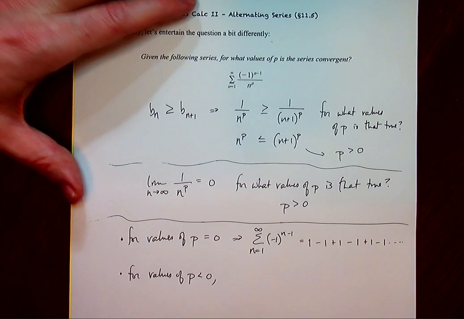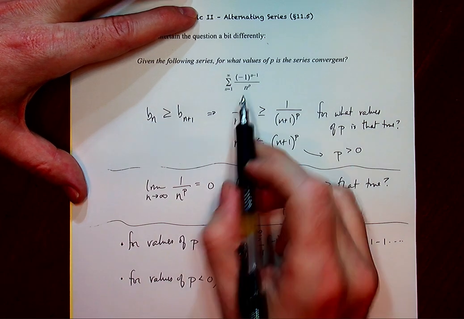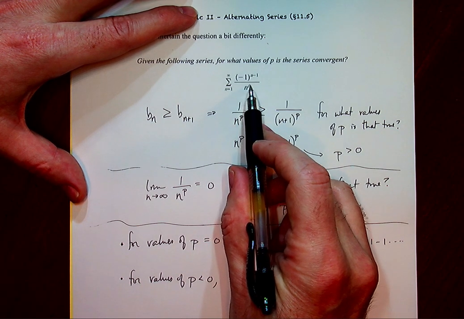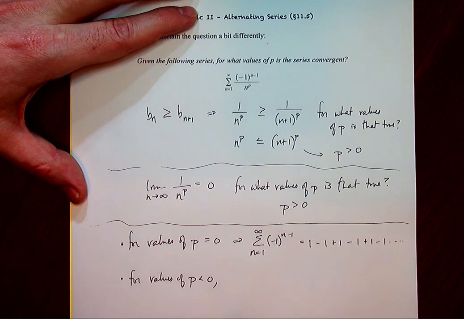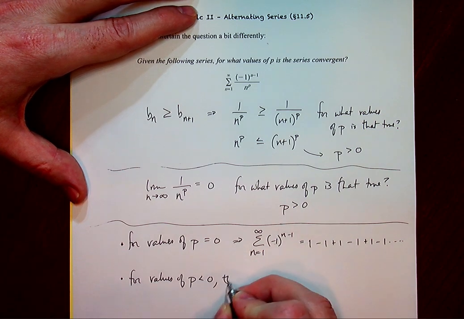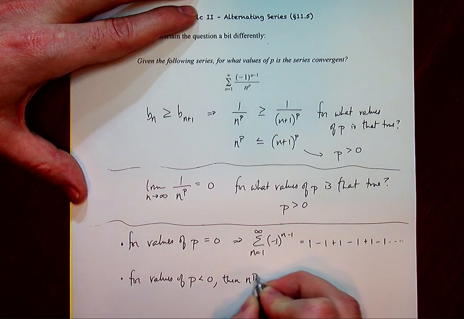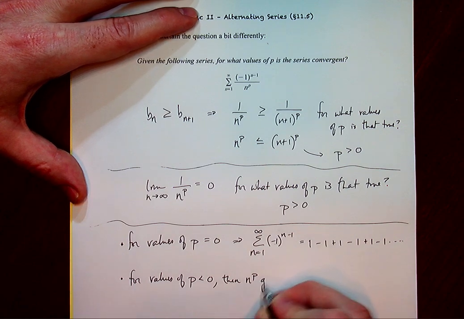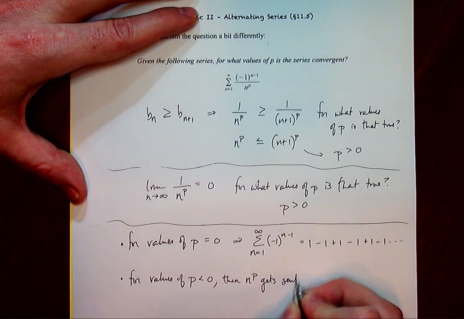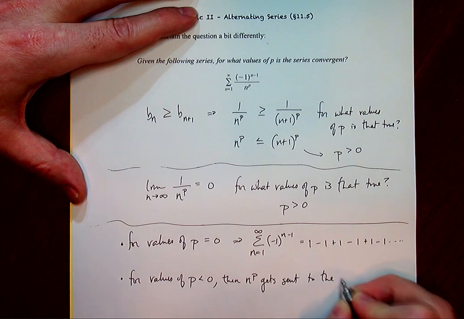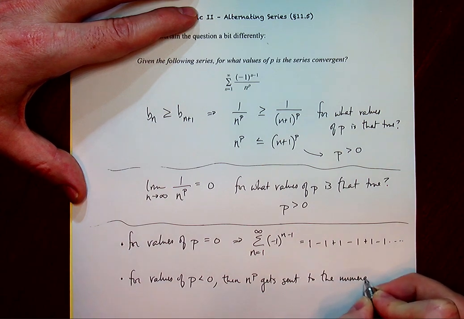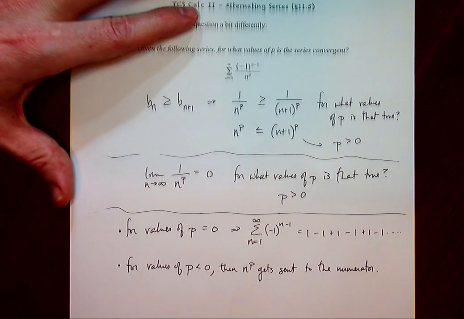Well, if p is less than 0, then you have n to a negative exponent, and that negative exponent gets sent to the numerator with a positive exponent.